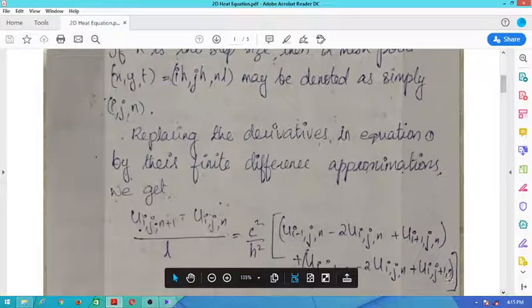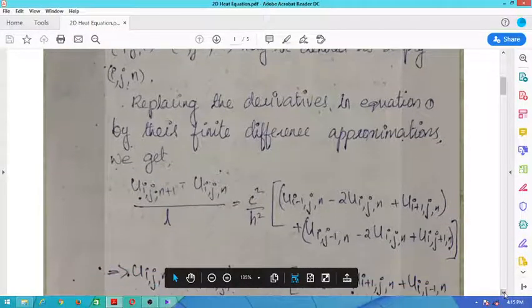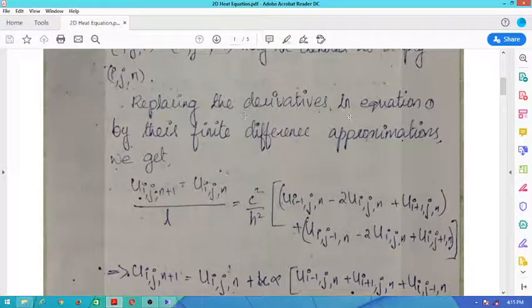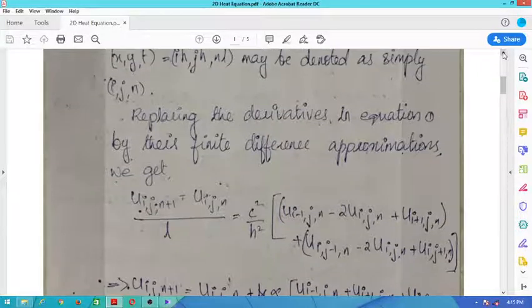Now, replacing the derivatives in equation 1 by the finite difference approximations, we get the left hand side equal to (u_ij,n+1 − u_ij,n)/l. t is the third variable, and n is the subscript corresponding to t.